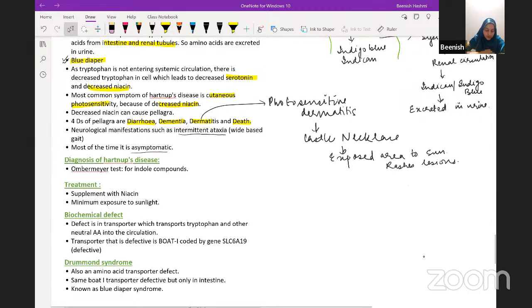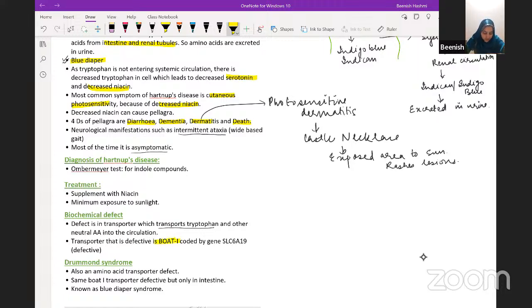Okay, then talking about the biochemical defect. Now the defect is in the transporter which transports tryptophan and other neutral amino acids in the circulation. The transporter that is defective is B0AT1, and it is coded by the gene SLC6A19. Although the name of the gene is not very important, you should know that the transporter is B0AT1, which is defective.